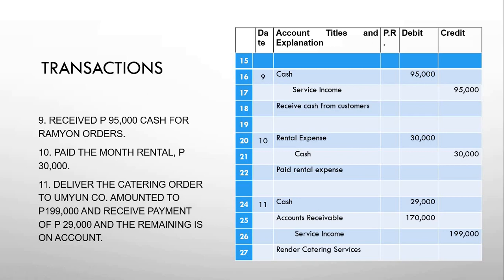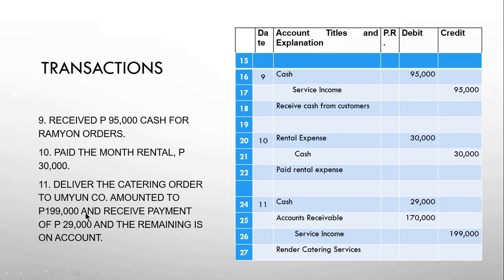So, let's analyze. So, nag-deliver daw siya ng catering order to Omyon Company. So, that's a catering order, meaning that's income kasi mayroon siyang service na pin-provide. Catering to Omyon Company. That's 199,000. So, technically, the 199,000 is service income.